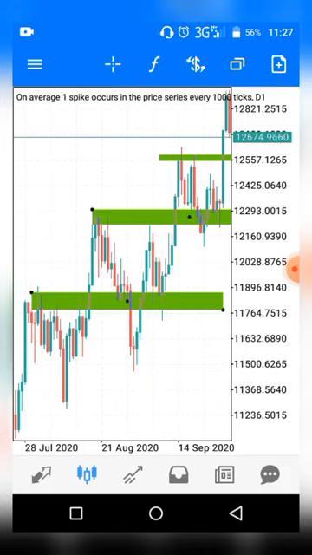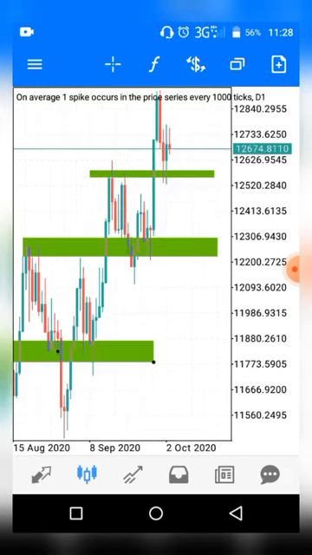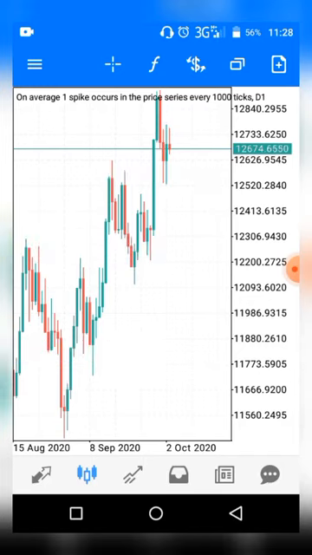Then the market goes up like this and comes back here and goes up like this, breaks the resistance and creates the support, creates another resistance here, breaks down and comes to the support zone, makes a fake out, breakout, fake out, and goes back up again.